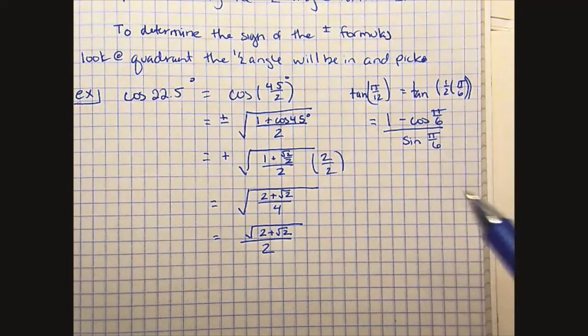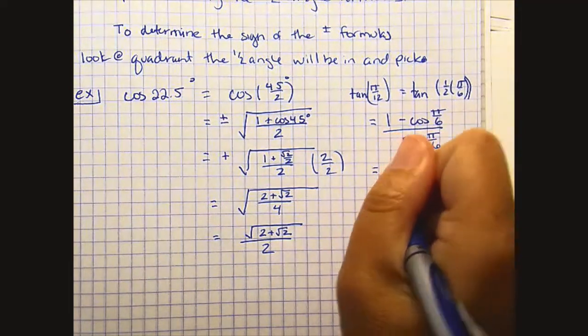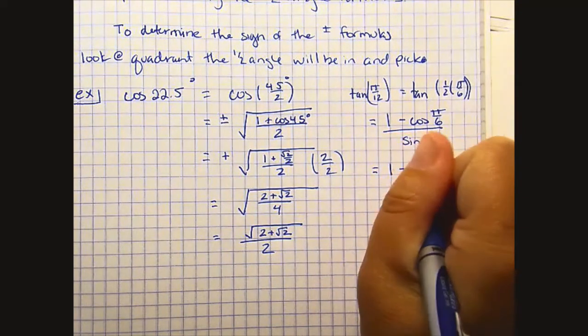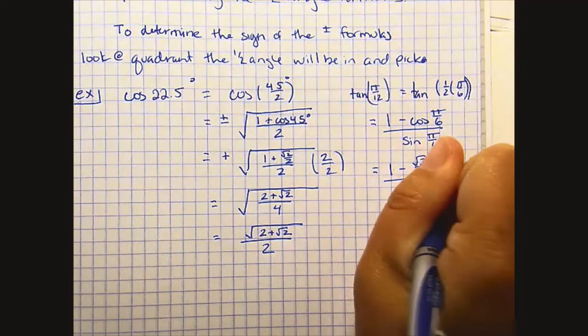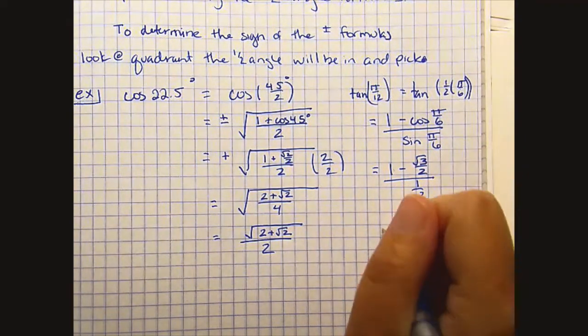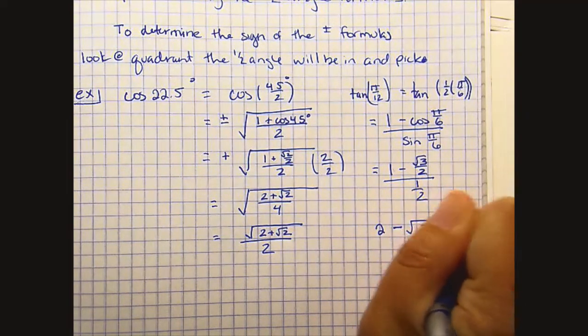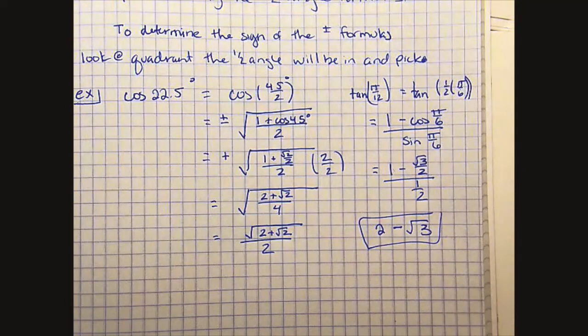And I also don't have to think about the sign of tangent because it was given. So this would be 1 minus root 3 over 2 all over 1/2. We flip and multiply, and our final answer would be 2 minus the square root of 3. Yay?